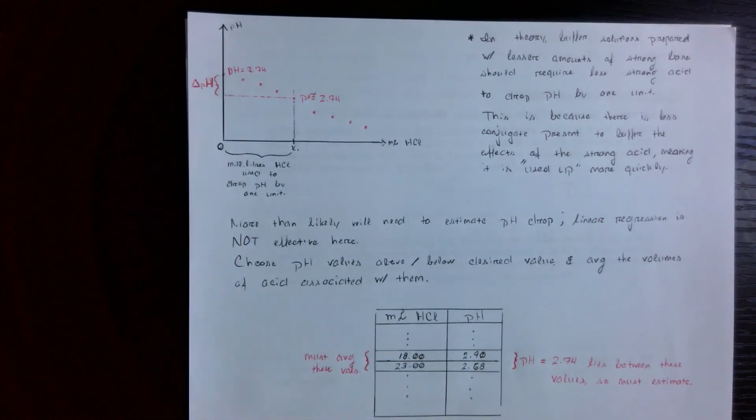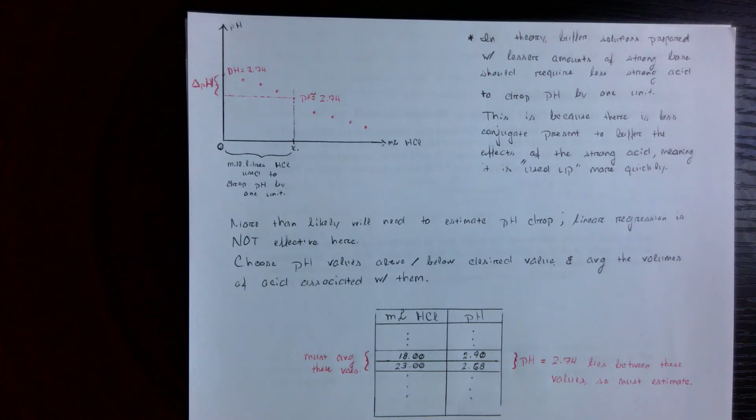Like the first buffer solution may take 20 milliliters. The second buffer solution, where there's not as much conjugate present, may only take 14. And the third may only take 10 or something like that. In general, as the ratio of A minus to HA decreases, it requires less acid to start dropping the pH. The pH is going to drop more rapidly.